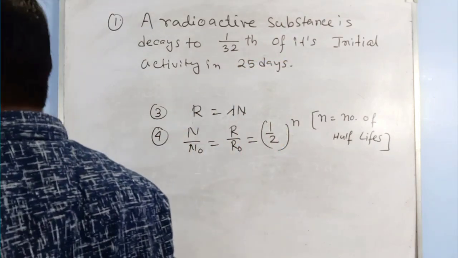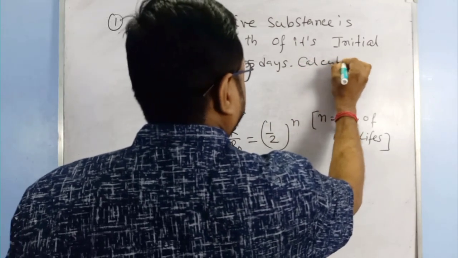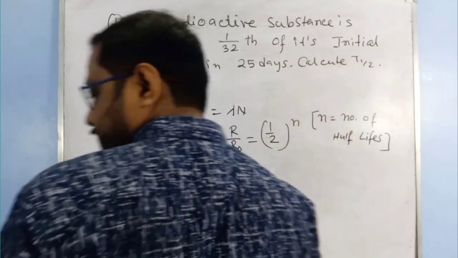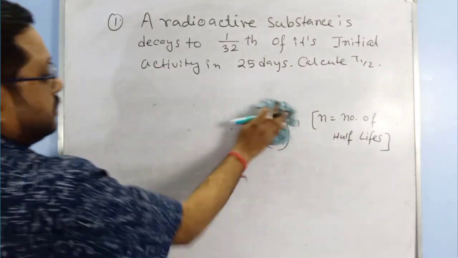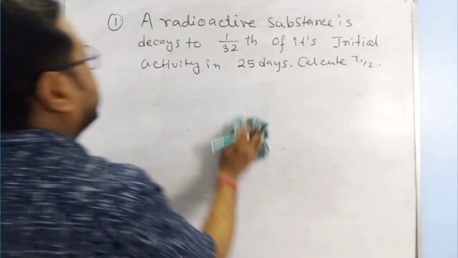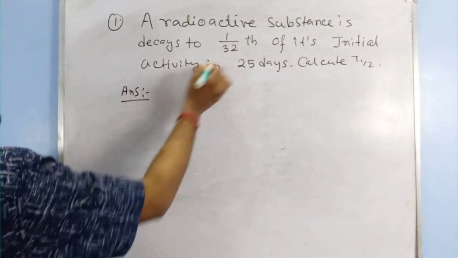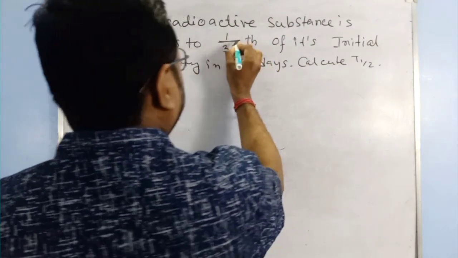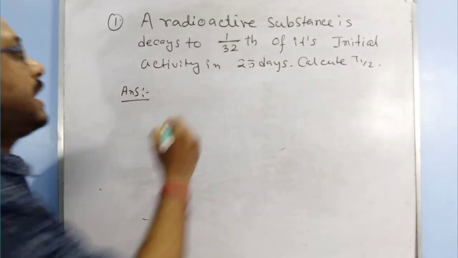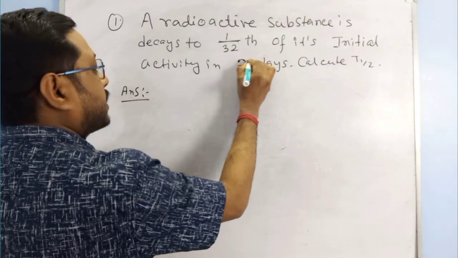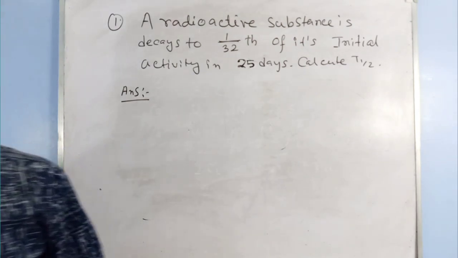Calculate its half life, calculate T half. So, the question is, a radioactive substance decays to 1 by 32 of its initial activity in 25 days. So, calculate the half life.